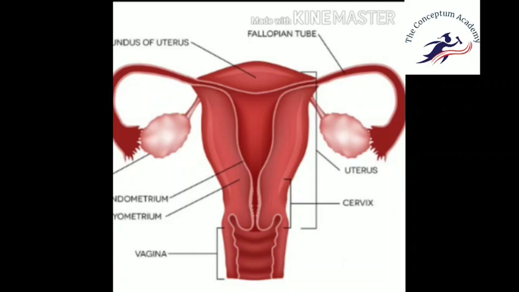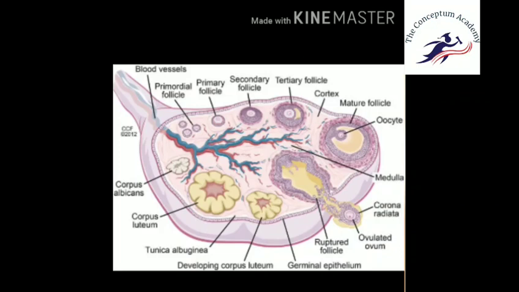Each ovary is about 2 to 4 cm in length and is connected to the pelvic wall and the uterus by ligaments. Each ovary is covered by a thin epithelium which encloses the ovarian stroma. The stroma is divided into two zones, a peripheral cortex and an inner medulla.